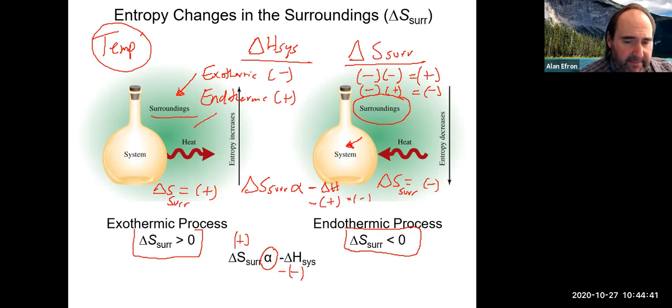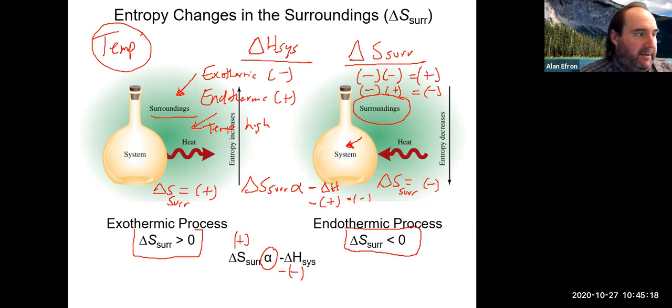If the temperature of my surroundings was really high to begin with, the added energy that would come from the reaction as it goes into the surroundings probably would not make a tremendous amount of difference. We may not see a tremendous change in the entropy of the surroundings because it's already big to begin with. So if we have really high temperatures in the surroundings, that added energy coming in from the reaction may not make a tremendous amount of difference.